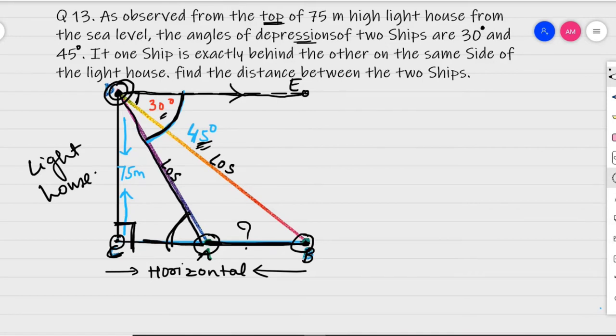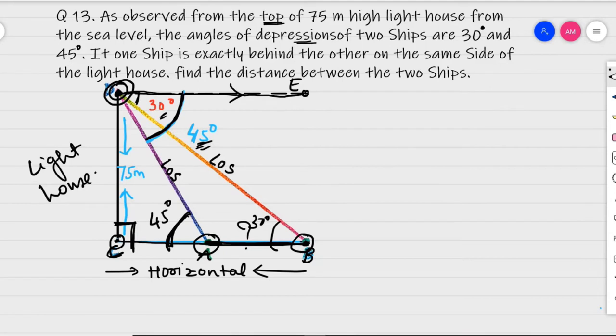When you are making a Z, you are making an alternate angle. So this is 45 degrees now. Here, angle EDB and angle DBC is also making a Z and this is 30 degrees, because CD is parallel to ED.